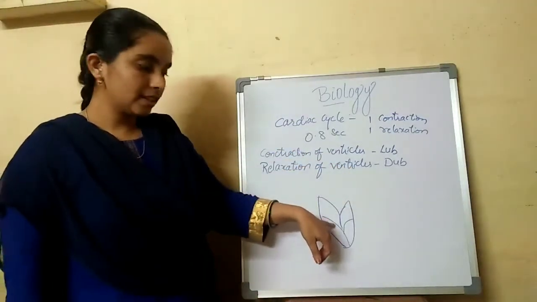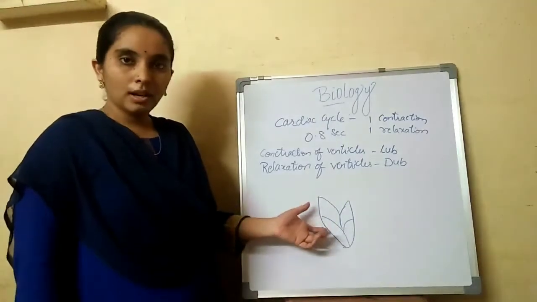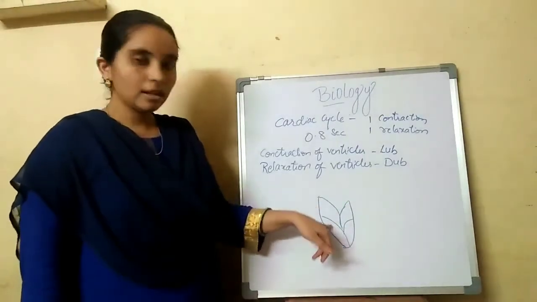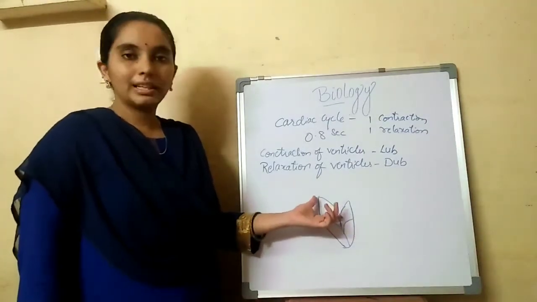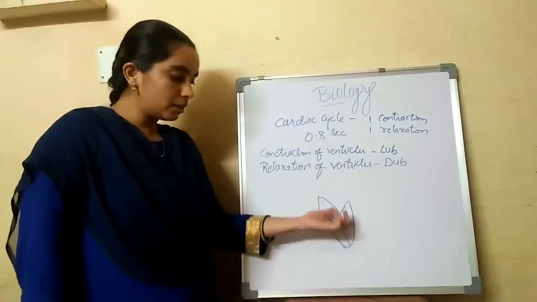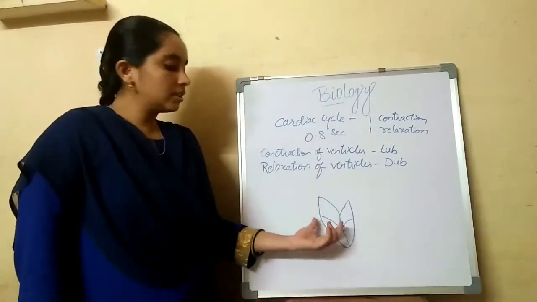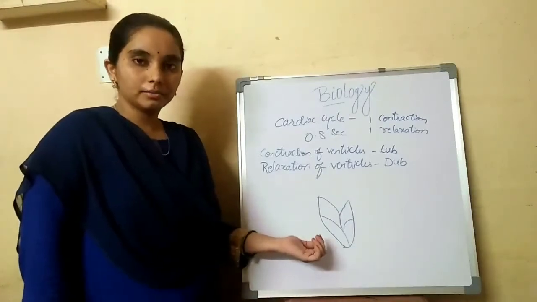Now the valves between atria and ventricle will open and the blood flows from the atrium to the ventricle. Okay, so now this contraction of the atria will give the blood to the ventricles. So after some time, these ventricles also will be filled with the blood.